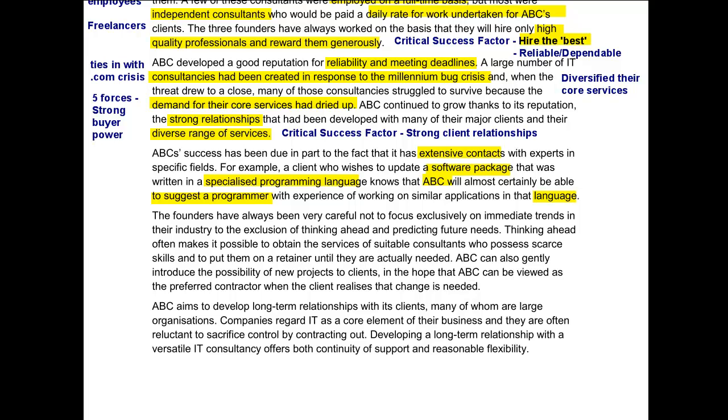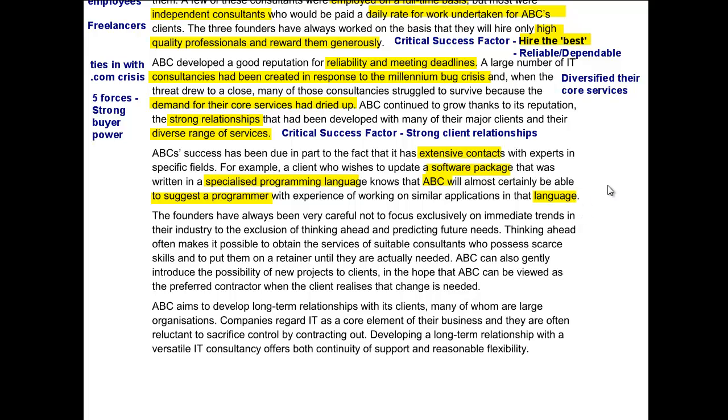It could be that ABC have a programmer who's acting as a freelancer who knows this specific language. So ABC will be able to then charge a fee for passing that business opportunity on through themselves to the freelancer.